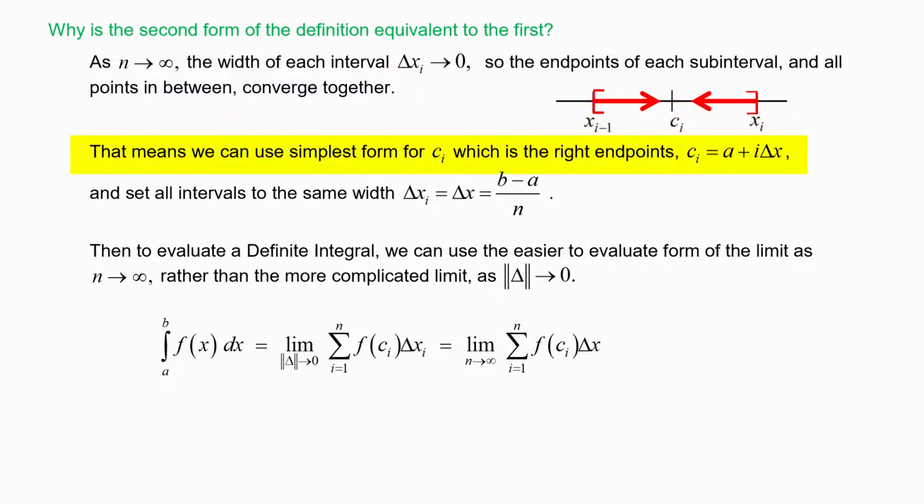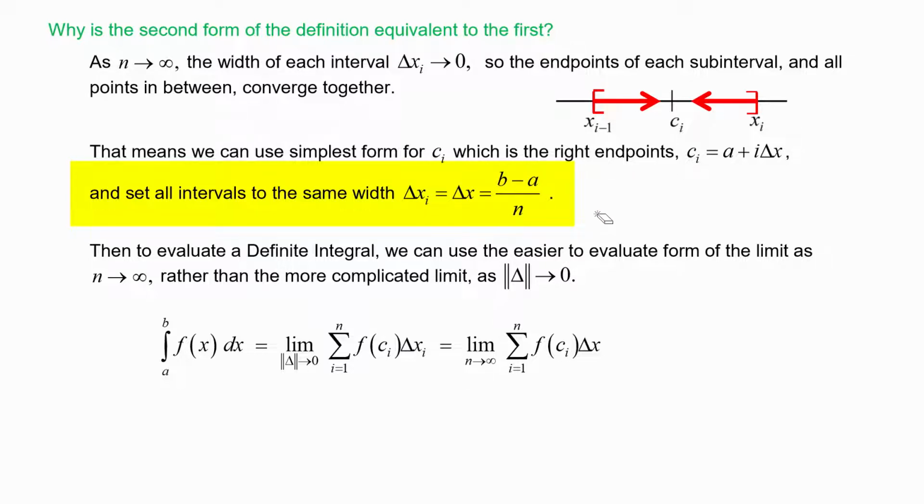That means we can use the simplest form for c sub i, which is the right endpoints, c sub i equals a plus i delta x, and we can set all the intervals to have the same width and make each delta x sub i just delta x, which is b minus a over n. Because remember, if all the widths of all the intervals are going to 0, they're essentially the same thing.